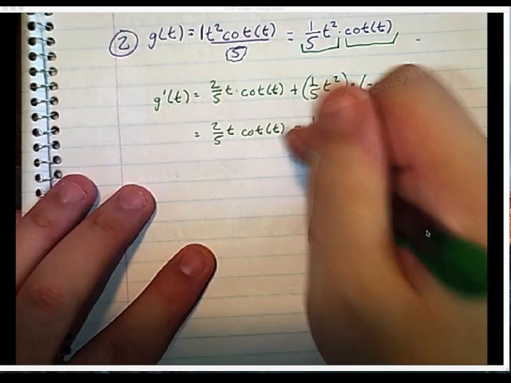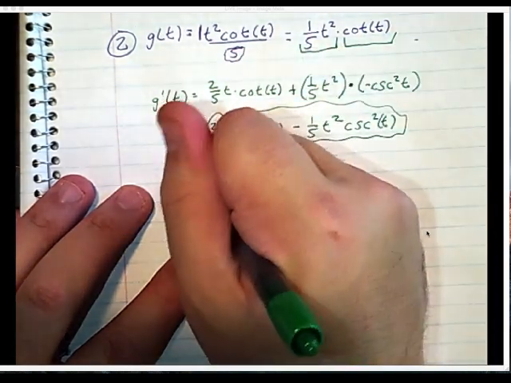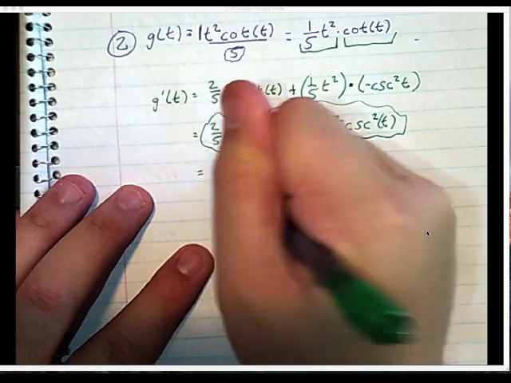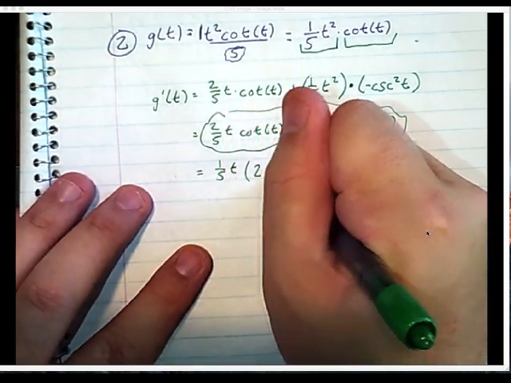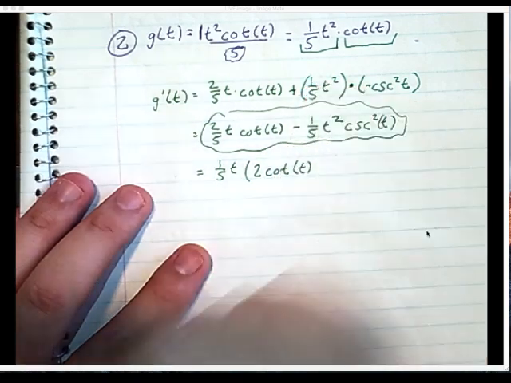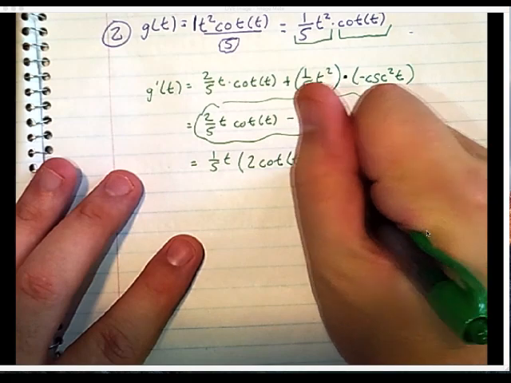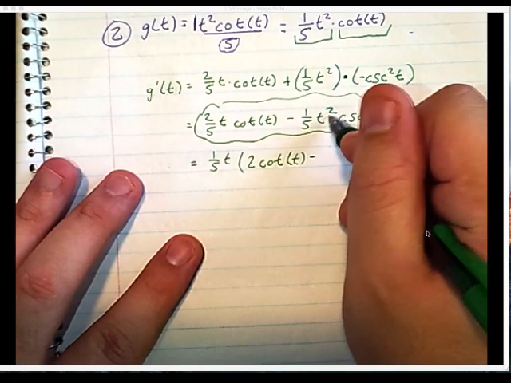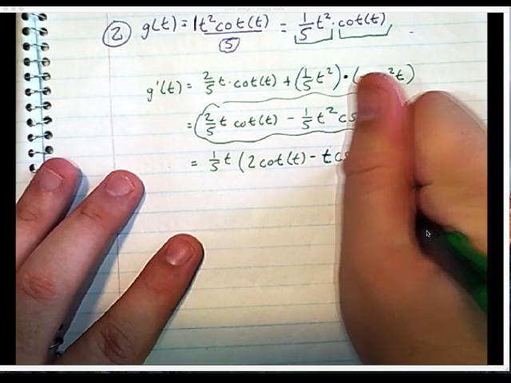Okay. So this would be an acceptable answer for the derivative, or you could do some factoring. You could take out 1/5 times t, and then you would have 2 cotangent of t minus, if you took out 1/5 t, you're still missing a t, and then you need the cosecant squared of t.